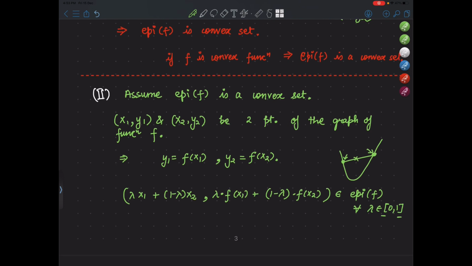Now we also know for a fact that because this point is in the epigraph, by using the definition of epigraph, we can write lambda f(x1) plus (1 minus lambda) f(x2) is greater than or equal to f(lambda x1 plus (1 minus lambda) x2), which implies that f is convex.